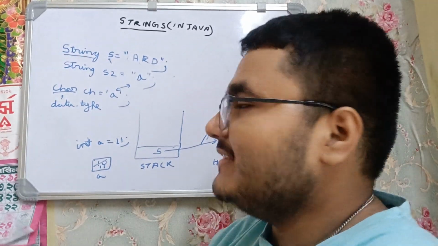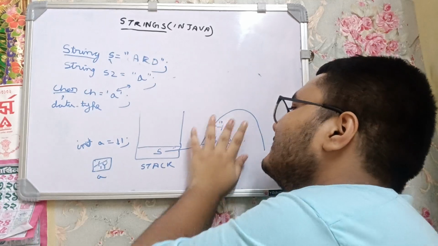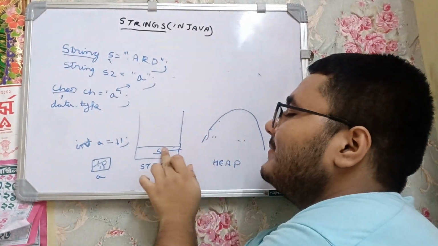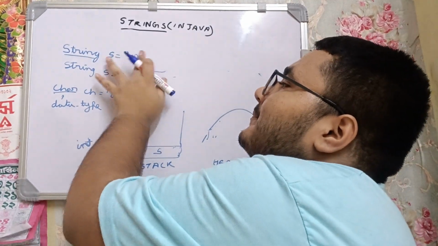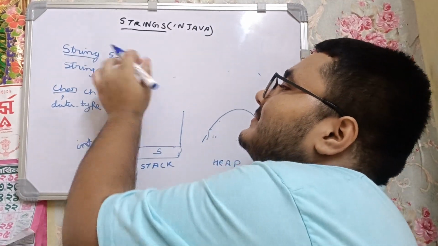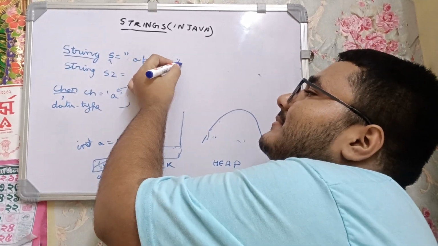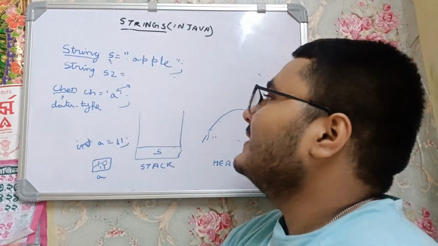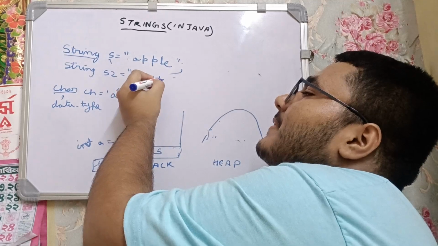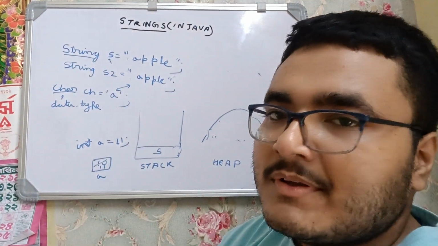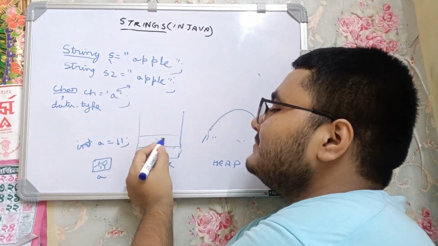Now see, this can be made more clear. Say I am writing string s is equal to apple, fine. String s2 is equal to also apple. So here is s and here is s2.